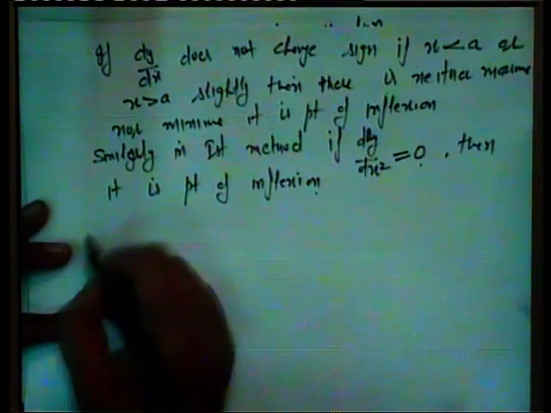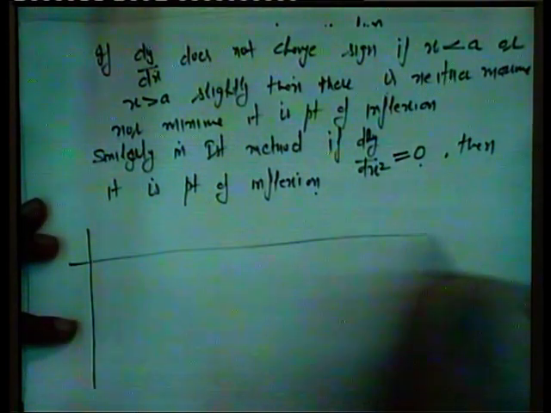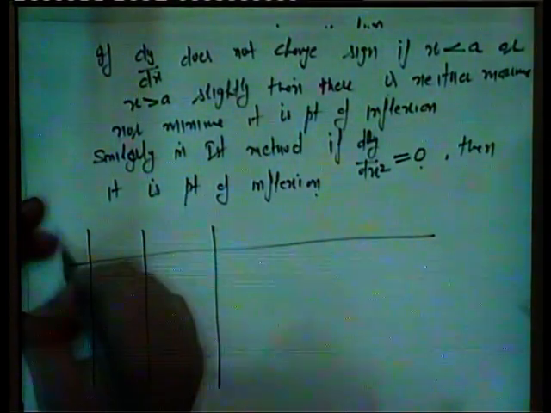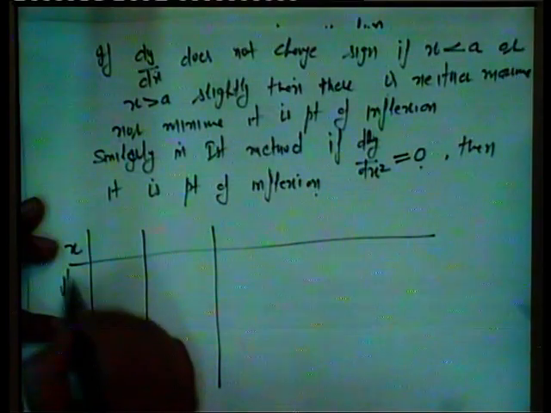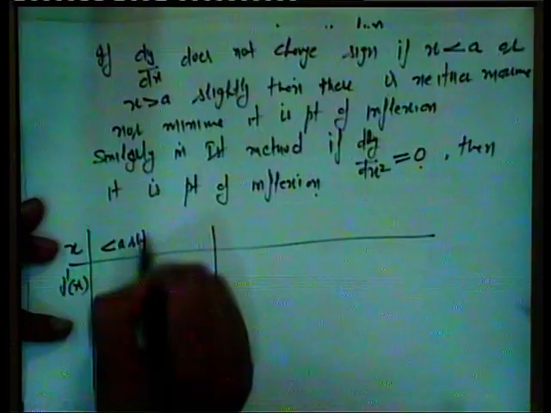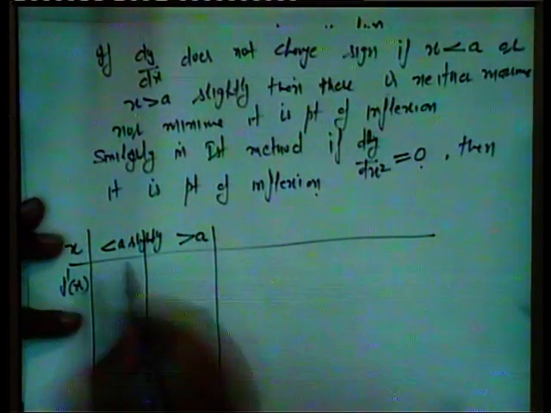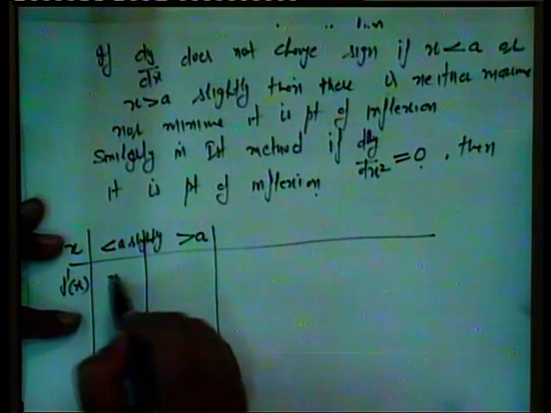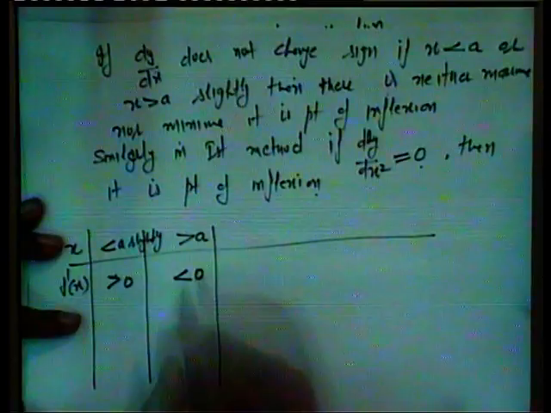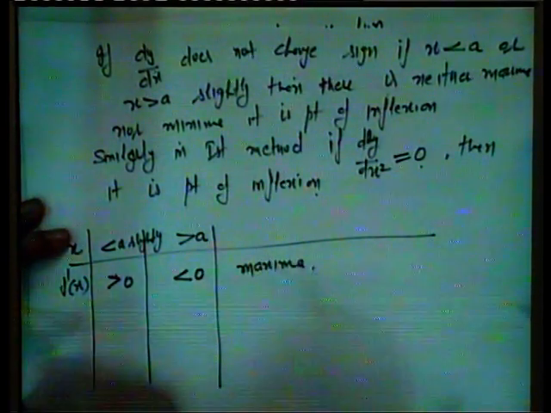We can show this by a table. For x slightly less than a and slightly greater than a: if f dash x is positive for less than a and negative for greater than a, then there is a point of maxima.